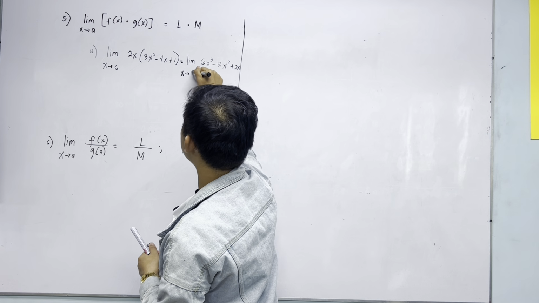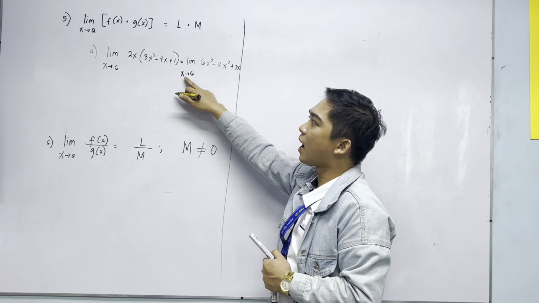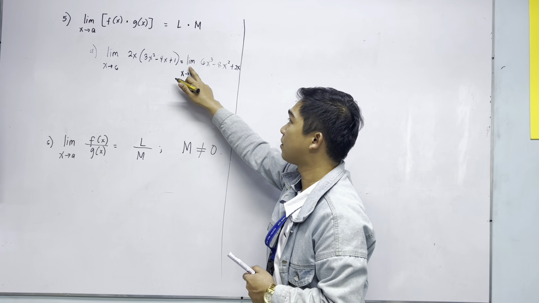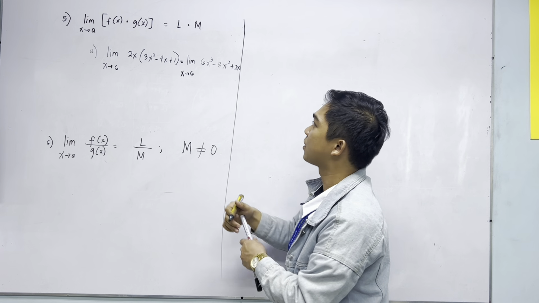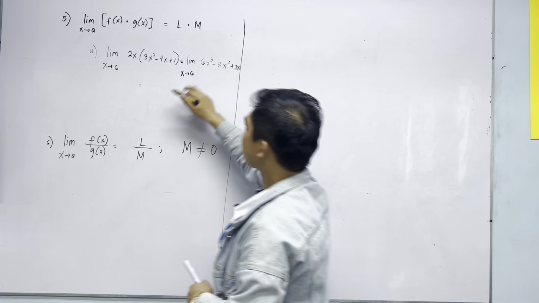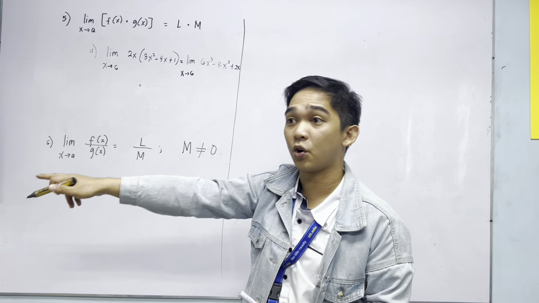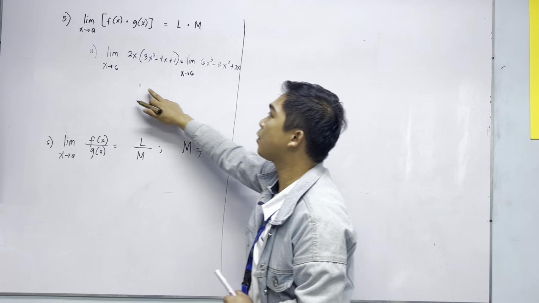Tandaan yung x approaches 6 natin dapat nasa ilalim ni limit. Bawal siyang pagala-gala kung saan yung gusto. Next, wala tayong parenthesis. We can now apply theorem number 4. Paghiwa-hiwalayin na natin.